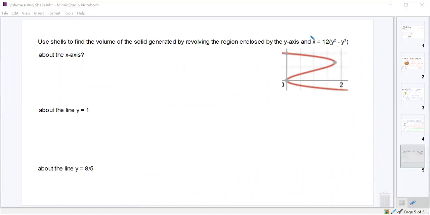So that's this region right here. And we're going to revolve that around the x-axis, which means we're going to draw a rectangle parallel to the x-axis and revolve it around that x-axis. Everybody good with that conceptually?